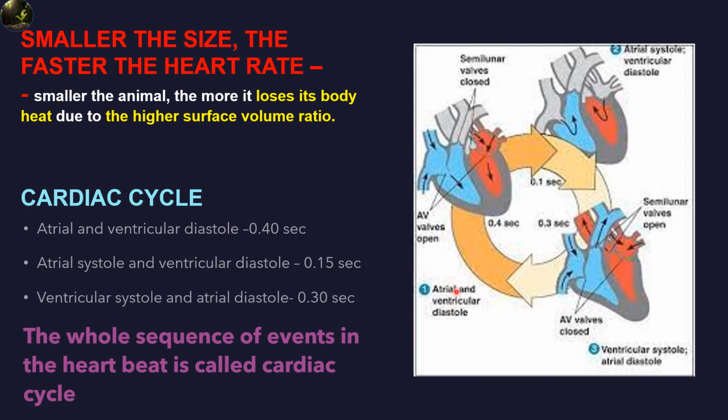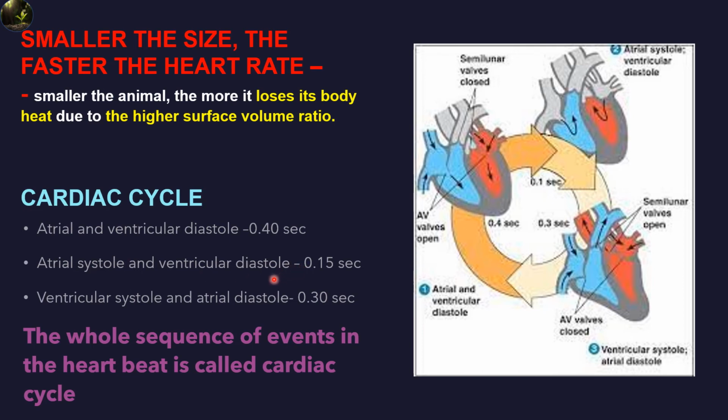atrial and ventricular diastole. Then the next stage is atrial systole and ventricular diastole. This atrial and ventricular diastole lasts 0.40 seconds. Then atrial systole and ventricular diastole is another stage.